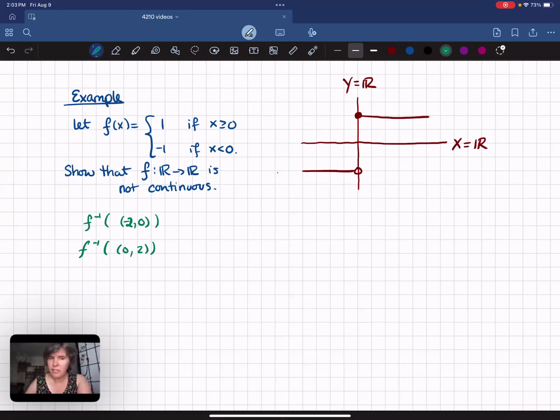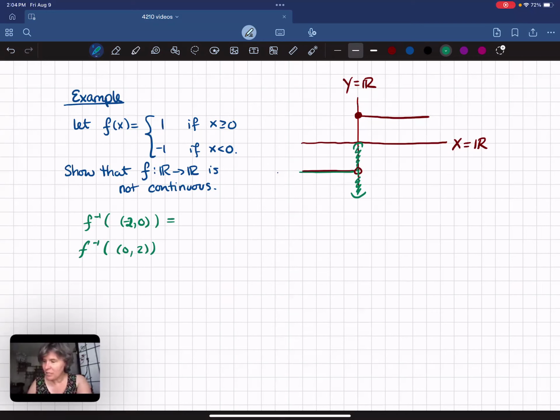So the inverse image of the open interval from -2 to 0 would be this set here. I want to know which inputs correspond to those outputs. The outputs that correspond to that line are just this part of the graph.